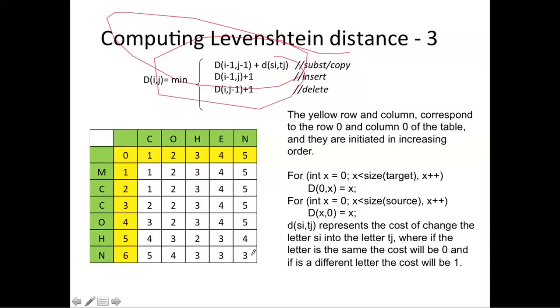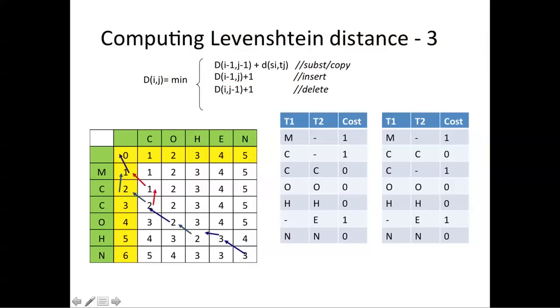At the end, we will find the distance at the bottom right corner of the matrix, which is the cost of matching the whole string to the whole string on the other side. That's the distance.